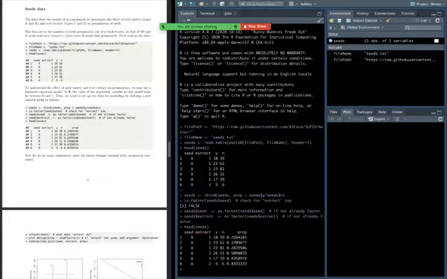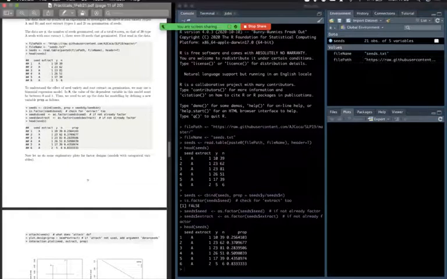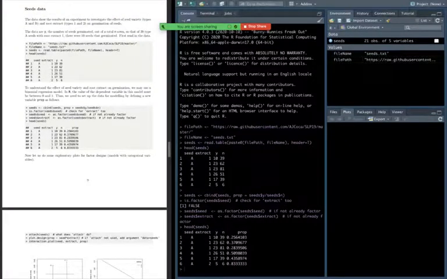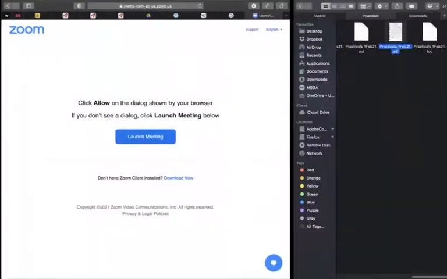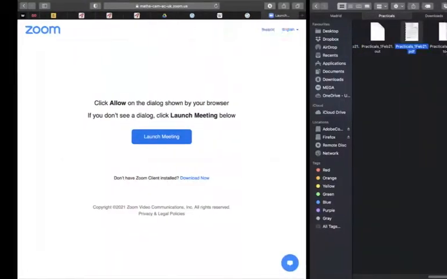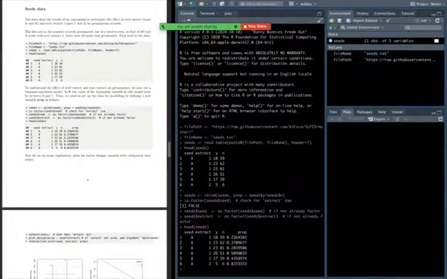There is a change in the practical, actually. I don't have the new version, the one that I compiled just a minute ago. Am I? Yes, I am.